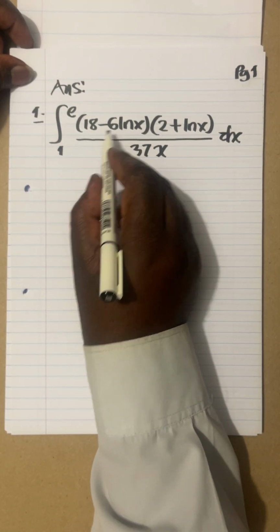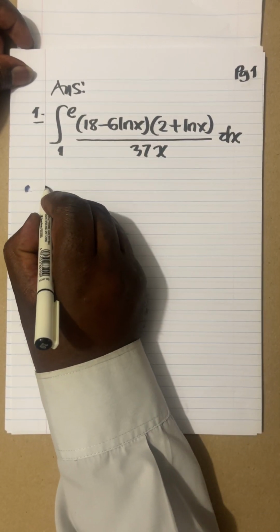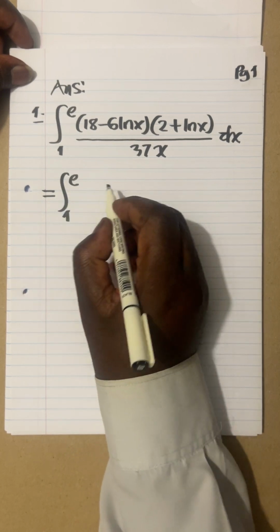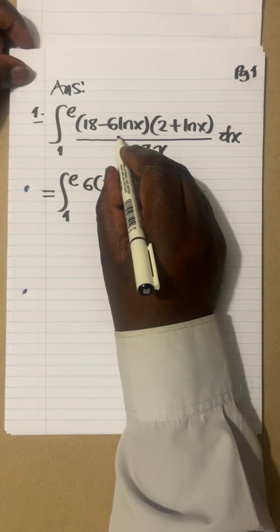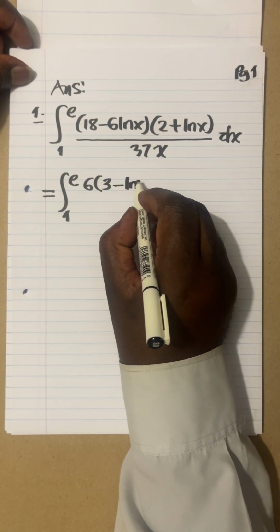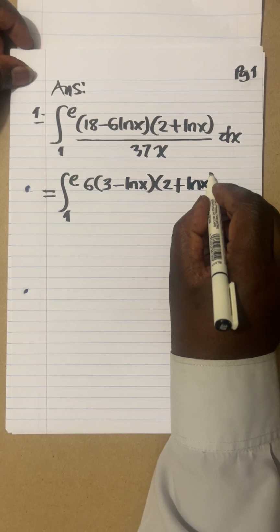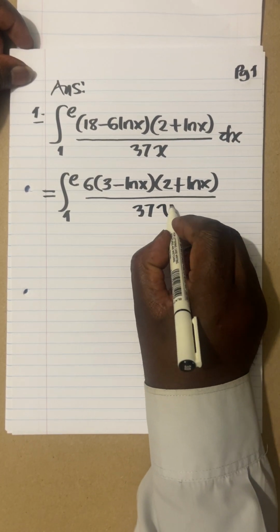Now, like I told you, we factorized the first bracket there. Our common factor is 6. So this is equal to the integral from 1 up to e of 6 open brackets. 6 into 18, that's 3, minus 6 into 6 natural log of x is natural log of x. This is what we have, 2 plus natural log of x all over 37x dx.